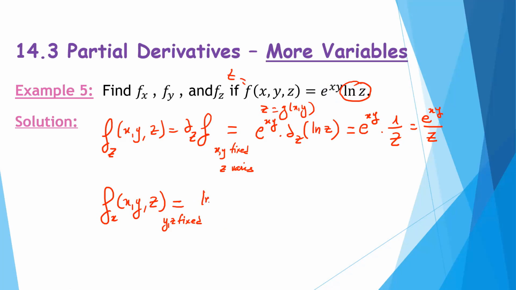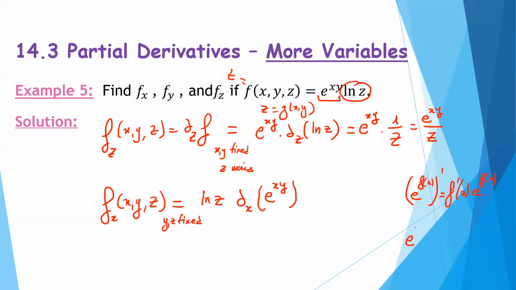It stays, and we derive this term, dx of exy. What is the derivative of exy with respect to x? Again, chain rule: the derivative of the exponential of a function of x is f prime times exponential f of x.